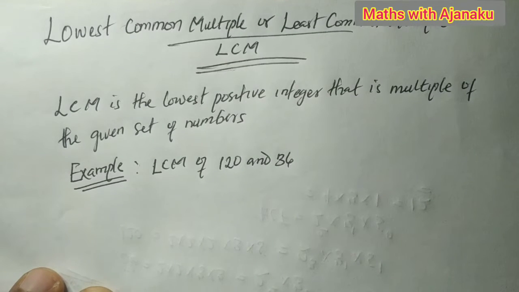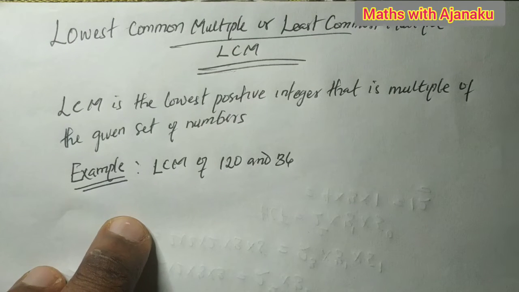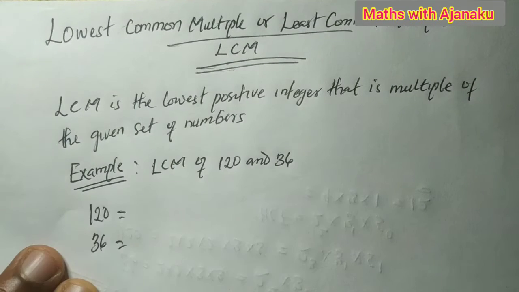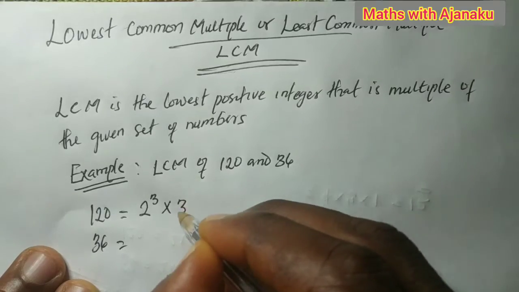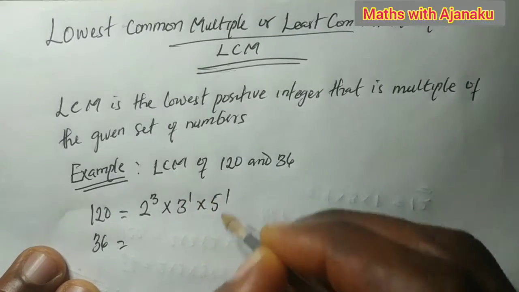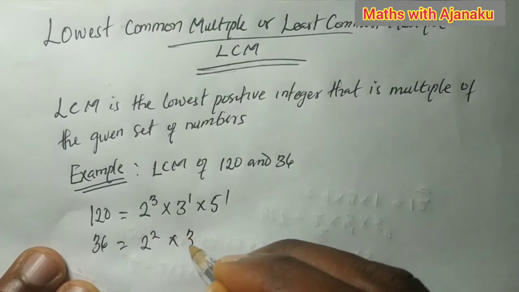All you have to do is just as usual, write out 120 and 36 in their prime factors. So 120 here is equal to 2 raised to power 3 times 3 raised to power 1 times 5 raised to power 1, and 36 is 2 raised to power 2 times 3 raised to power 2.